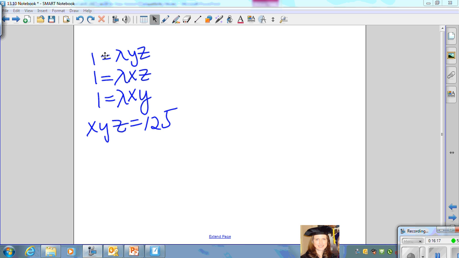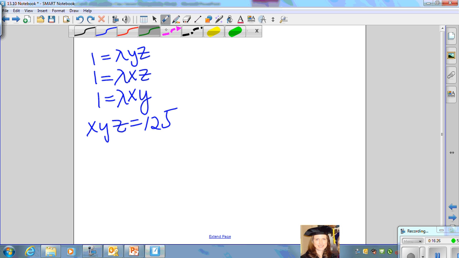Now if we divide the first equation, again I just copied this from the previous page, if we divide by lambda, notice that we get 1 over lambda is equal to y times z. And if you divide the second equation by lambda, you get 1 over lambda is equal to x times z. Divide the third equation by lambda, you get 1 over lambda is equal to x times y.